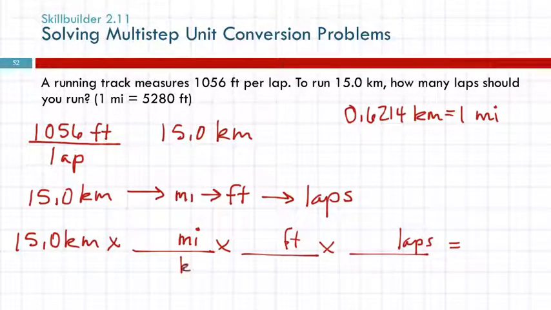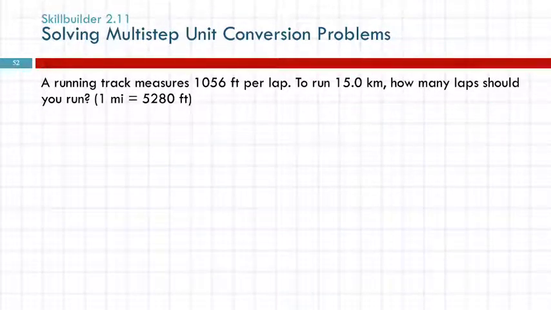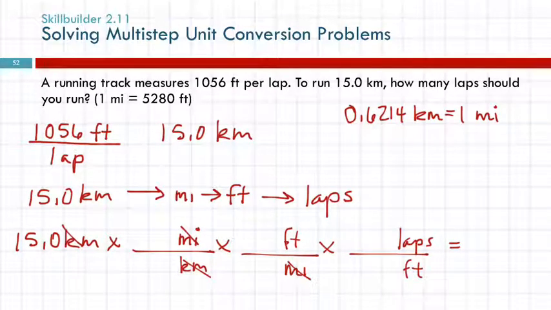So kilometer goes down here, so we want to cancel that. Miles go down there. Feet. Oops. That was scary. Any questions? The hardest part is coming up with the path. How am I going to get there? After that, it's just following a pattern.